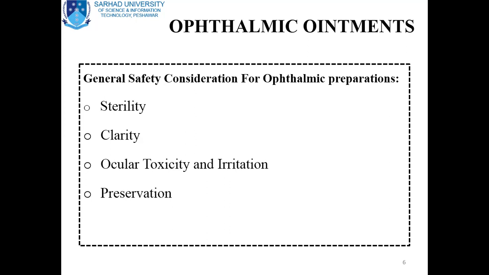The product should not cause ocular toxicity and irritation. It should be non-irritating and non-toxic to the eye. To cause irritation, definitely the particle size may be a factor, or there may be crystal growth in the formulation as well.